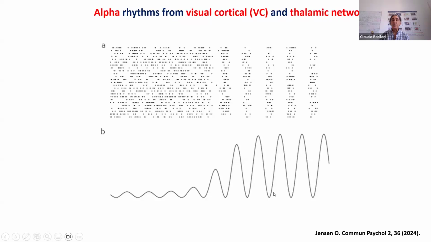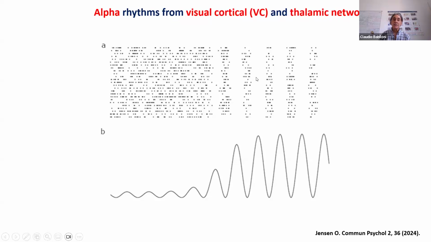And the amplitude of EEG oscillation at a given frequency can represent a model of the amount of synchronization across neurons in a given cortical region. So this is very specific.